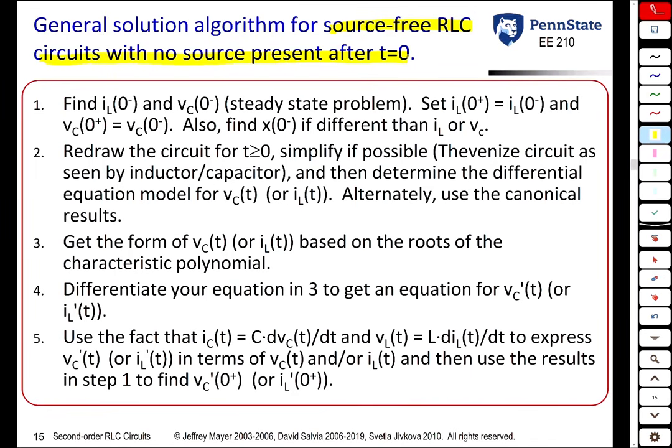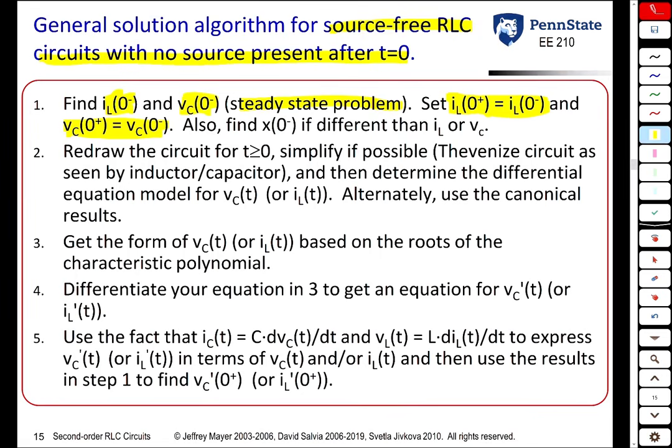So the first step is just like in the first order case, we have a steady state problem. The only difference is now we're finding both IL of 0 minus and VC of 0 minus because we have both an inductor and a capacitor present. And as in the first order case, right after the change in the circuit at t equals 0, the voltage across the capacitor and the current through the inductor are unchanged.